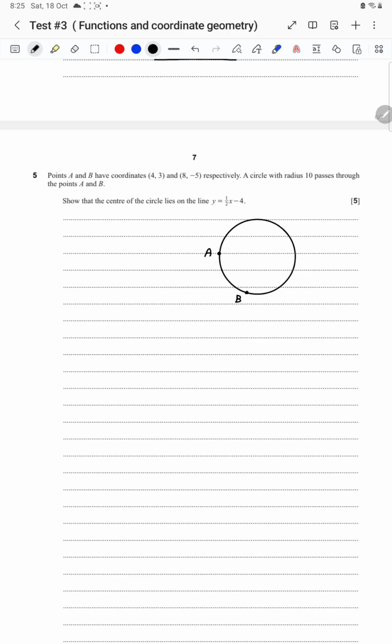Anyway, it's a rough sketch, not an exact accurate sketch.